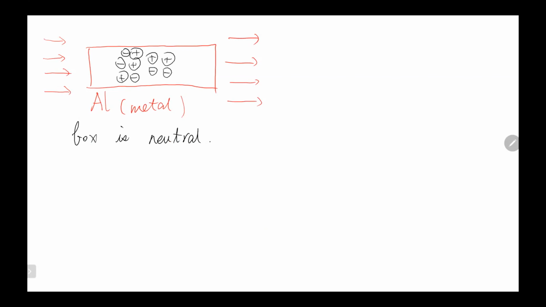But after we generate the electric field outside the box, the external electric field is going to push these charges to move in different directions. So the positive charge is going to move to the right, and the negative charge is going to move to the left.